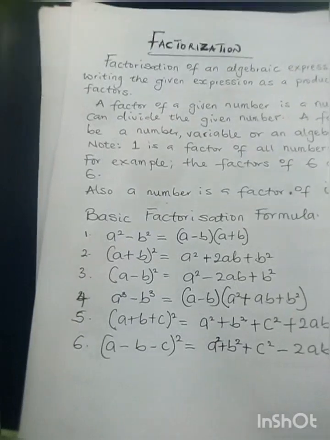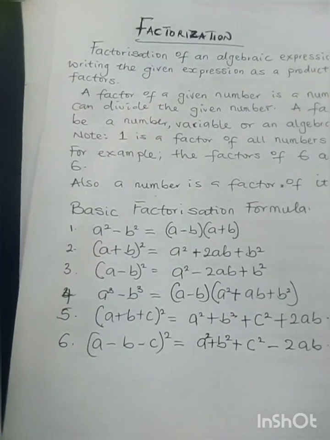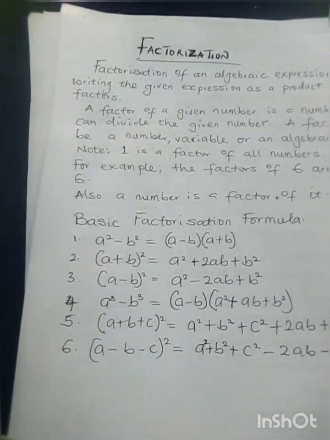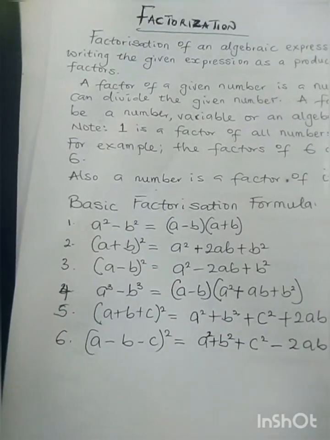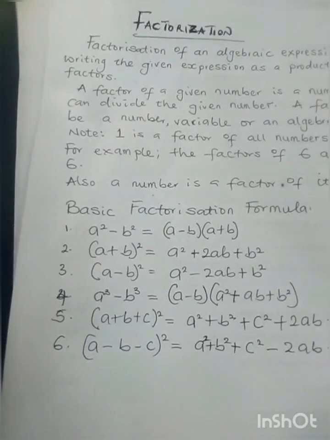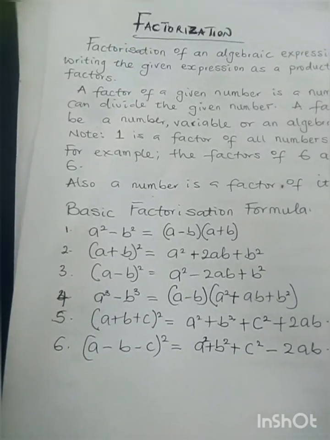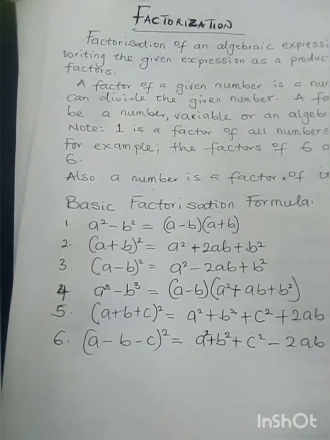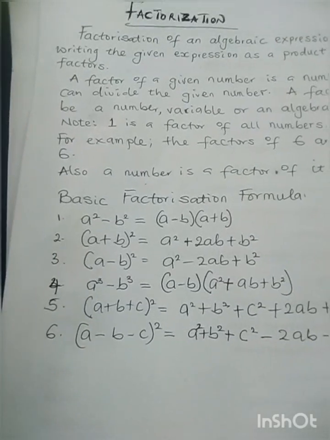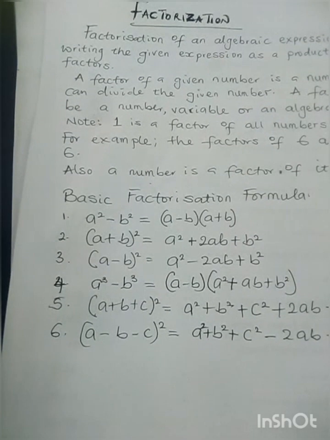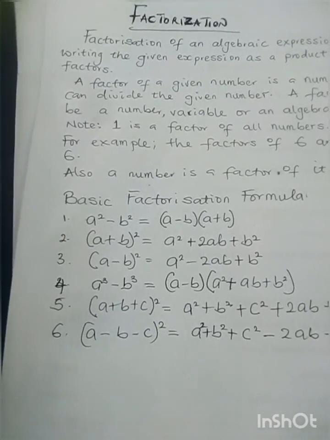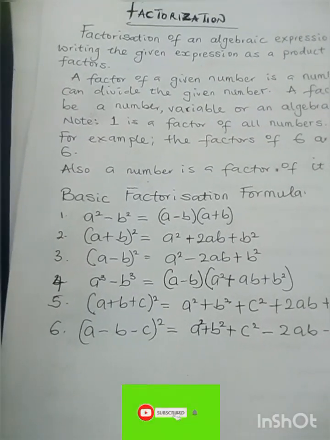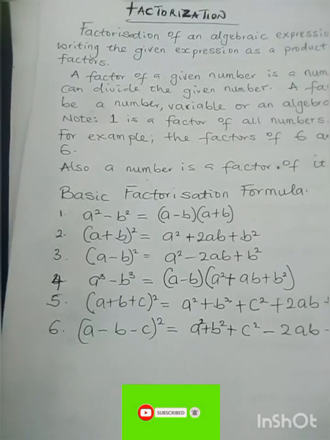Now, 4, a cube minus b cube. a cube minus b cube will give you (a minus b) into (a squared plus ab plus b squared).